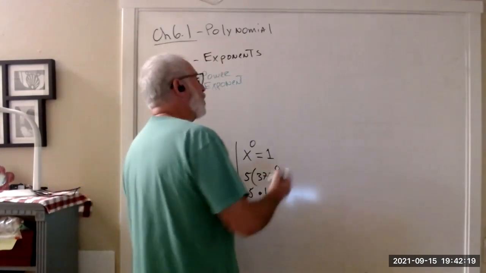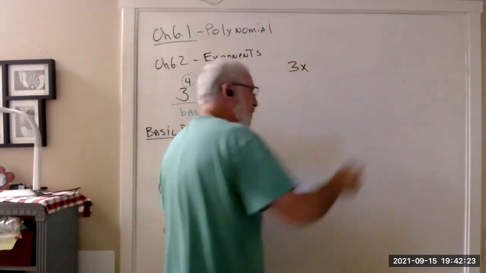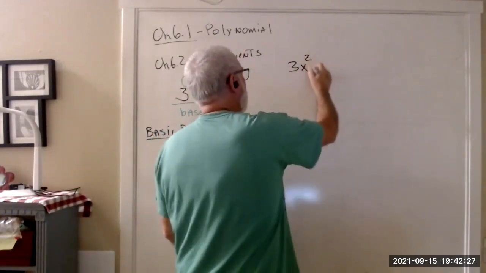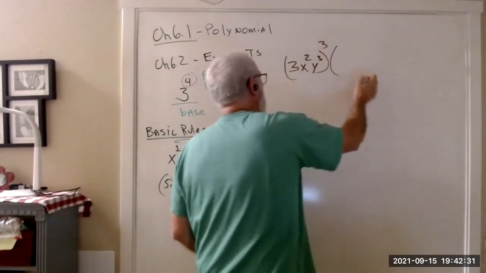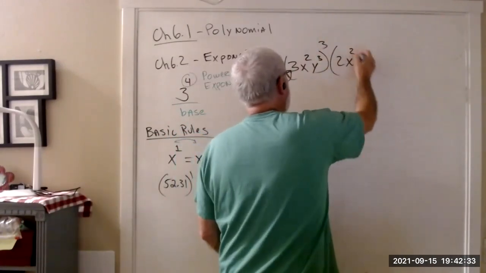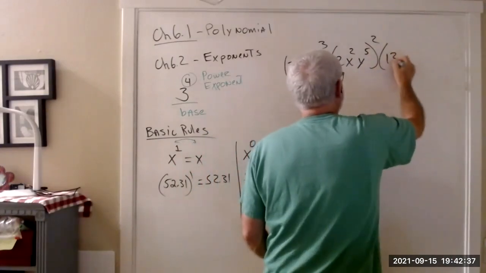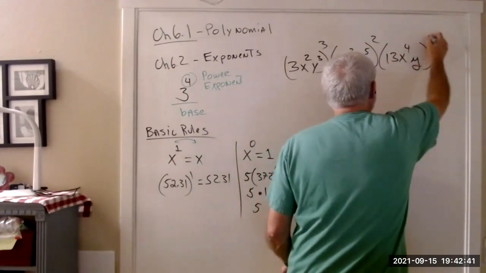Okay. For what it's worth, I'm going to give you a problem like this, definitely on the quiz, definitely on the exam. 3x squared, y to the third quantity cubed, times 2x squared, y to the fifth quantity squared, times 15x to the fourth y quantity to the 0 power.